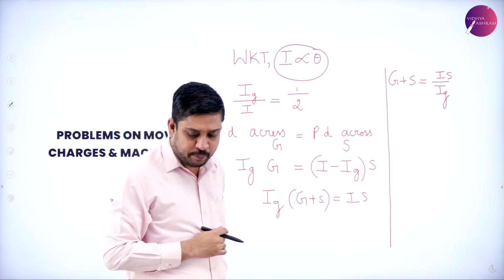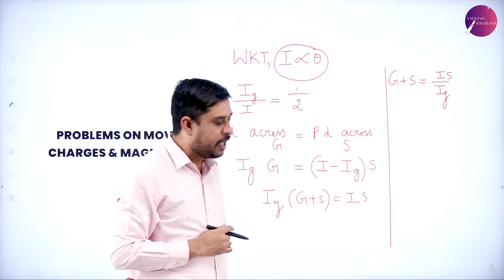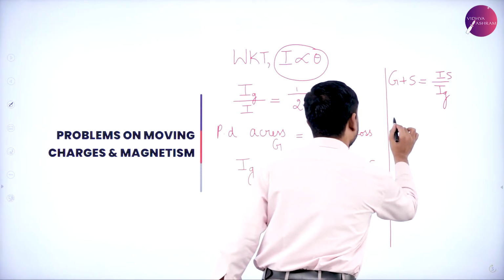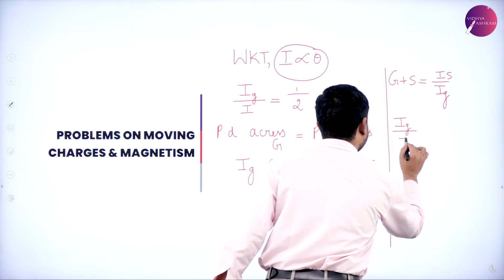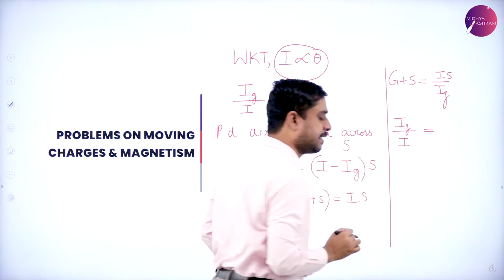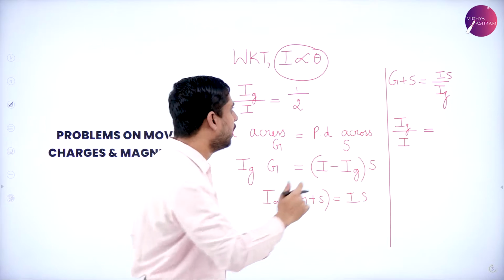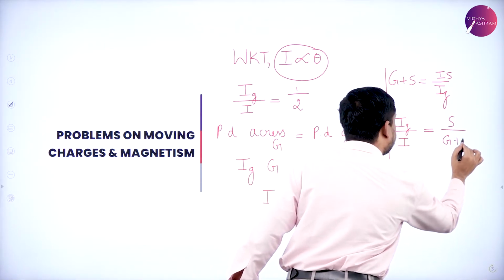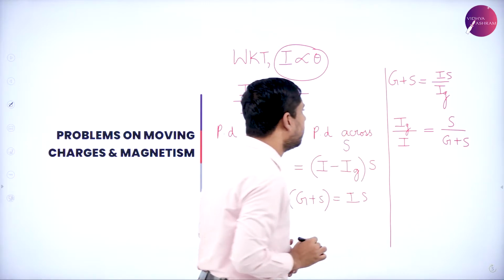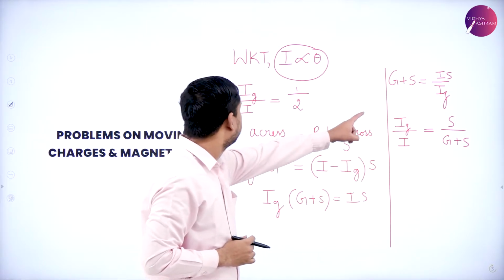On simplification, we have Ig by I is equal to S divided by G plus S. Now, substitute.